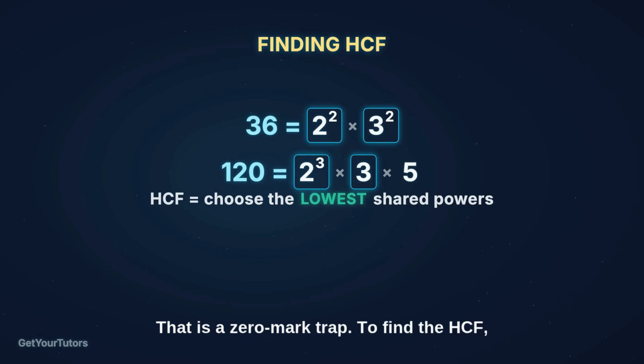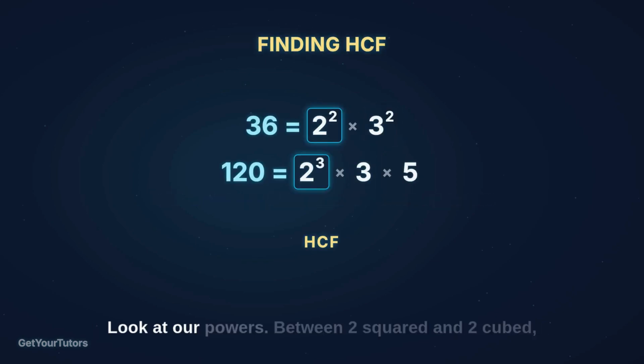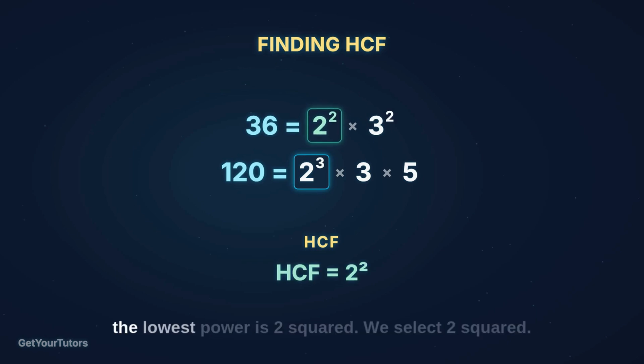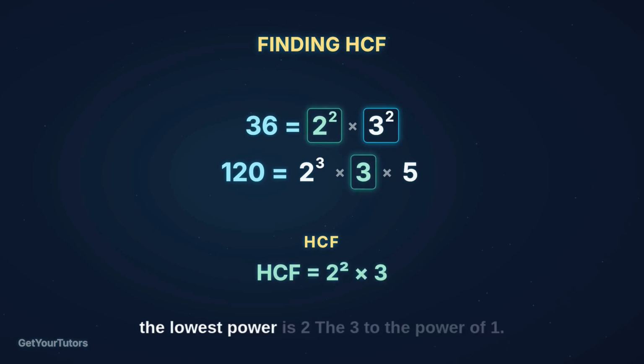To find the HCF, you must choose the lowest power of shared prime bases. Look at our powers. Between 2 squared and 2 cubed, the lowest power is 2 squared. We select 2 squared. Between 3 squared and 3 to the power of 1, the lowest power is 3 to the power of 1.